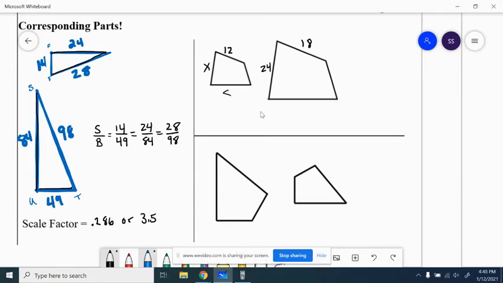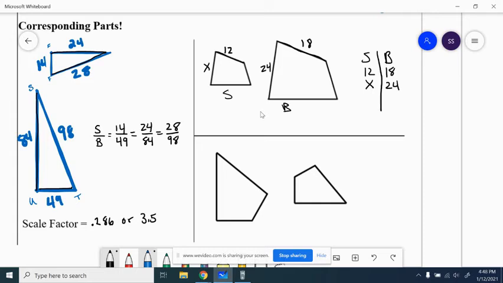So here's the small figure, here's the big one. Let's set up a proportion. Small to big, what do I know? 12 is to 18, right? This slanted side goes with this slanted side on the big figure. So 12 is to 18 as x is to 24.